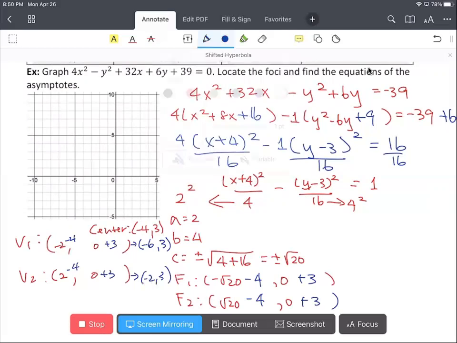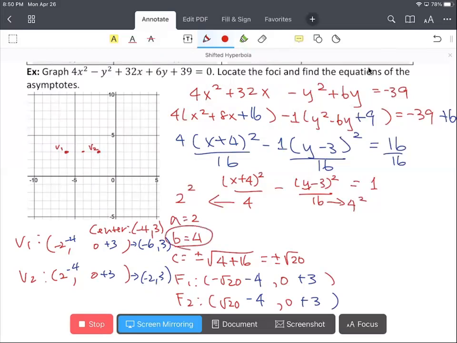So I can graph my center first, which is negative 4 comma 3. And because the x term is first, we have a horizontal hyperbola. I go right 2 units, left 2 units, and these 2 points will be my V1 and V2, which are basically the vertices. And yes, it is correct that they are negative 6 comma 3 and negative 2 comma 3.